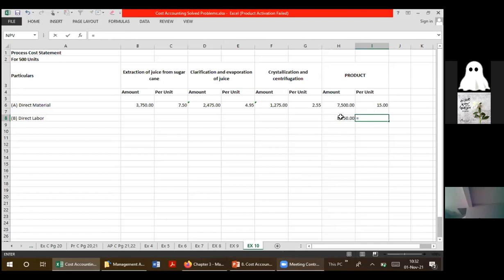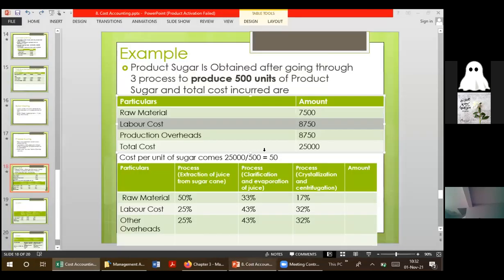So for 500 units, it will be this divided by 500, or 17.5 total labor cost. Okay, 17.5.